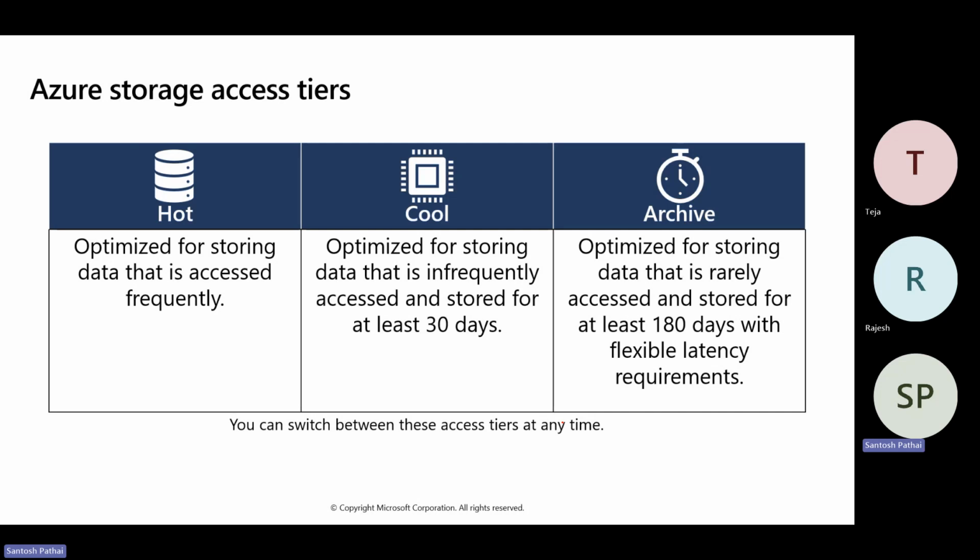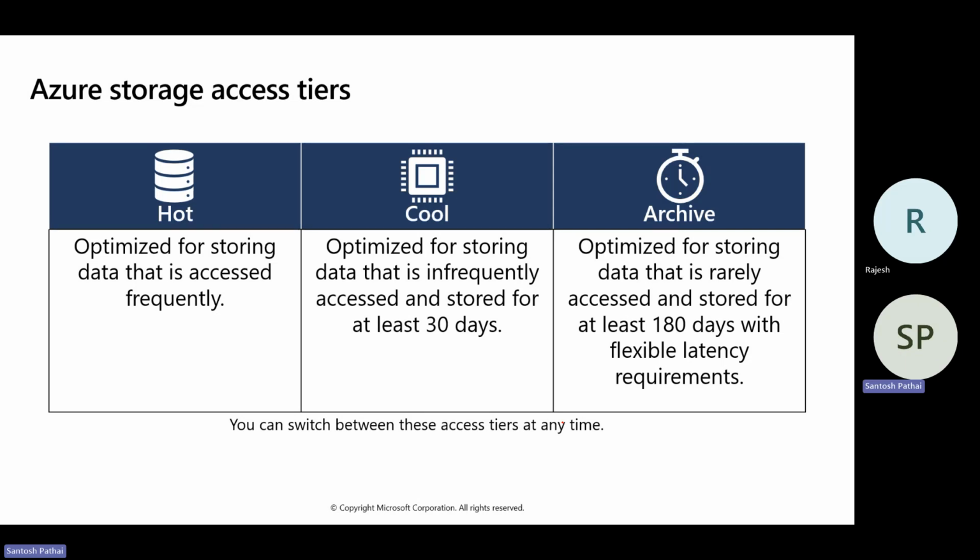If you want to store data for a minimum of 180 days, and it will be accessed very infrequently, then you should go with the archive tier. This data is generally backups, which you want to rarely access, because it has flexible latency and it takes a huge time to retrieve the data in the archive tier.